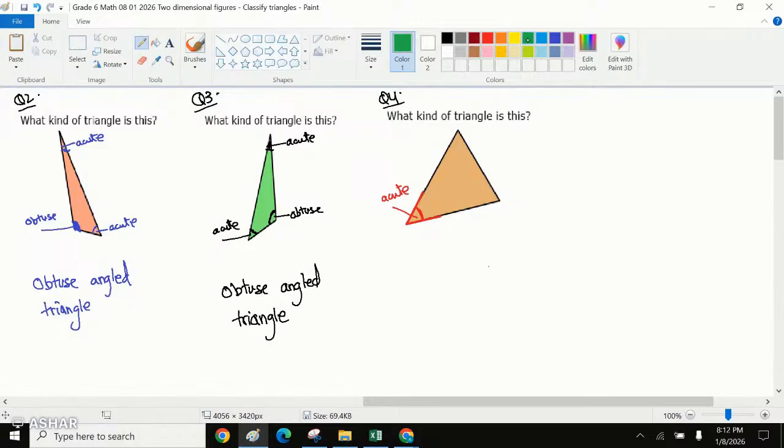What about the other one? This angle is acute. And even the last angle is acute. So when all the angles are acute, then the triangle would be, yes, thank you, an acute angled triangle.